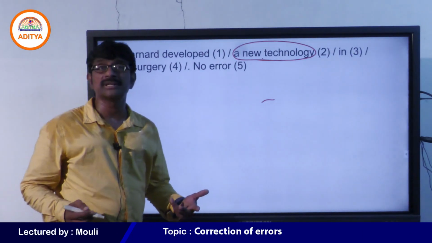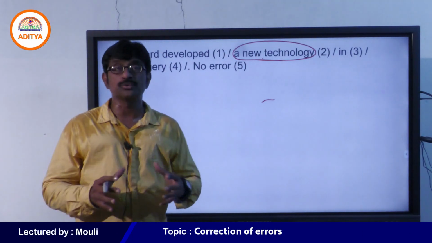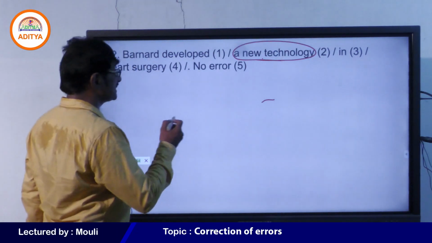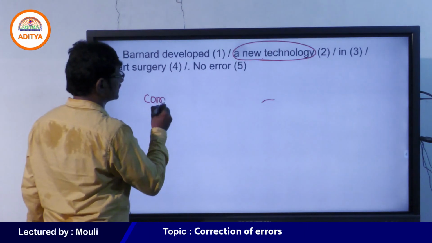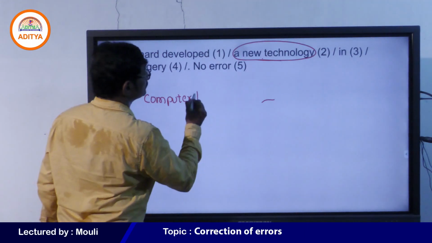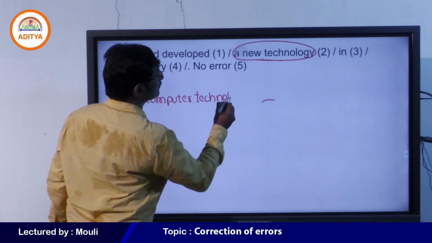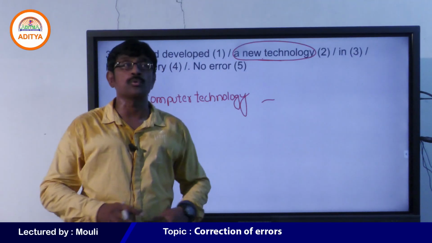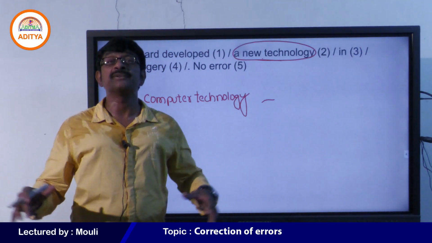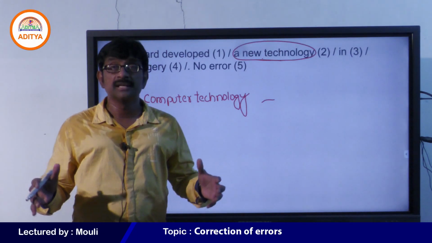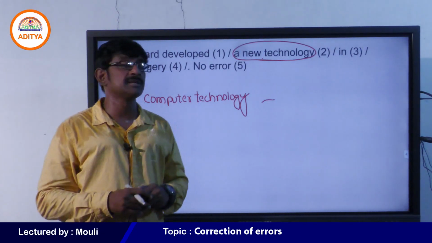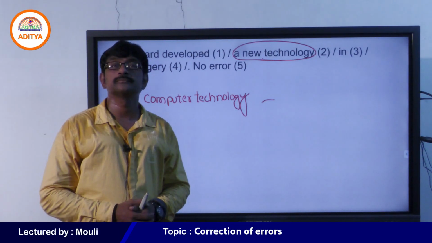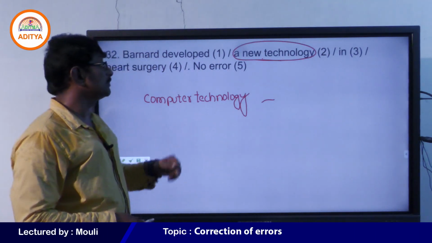A new technology what? Technology is related to huge organization. You take now computer technology. Computer technology means related to all computers, the entire world.